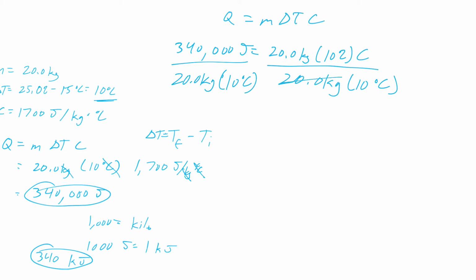These cancel out. So number-wise, you have 340,000 divided by 20 and then divided by 10. What you should end up with is 1,700, and my units are joules per kilogram degrees Celsius. And that's equal to C.